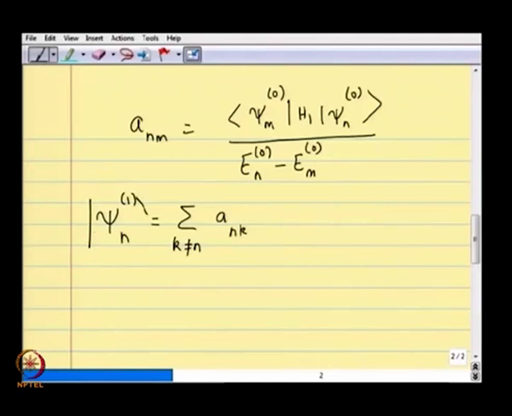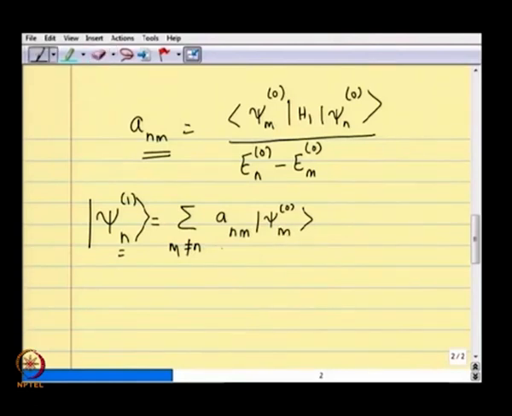We use the ket notation. We can start using now from this point onwards psi k 0, but we have the coefficient a n m, I mean the indices n and m. N is of course very specific. The running index is k, so the running index here is m, so it does not matter. I would rather write instead of k, suppose I write m here, m not equal to n. All I need to do is to make the corresponding changes here. The k is now in terms of m, and this is also in terms of m.